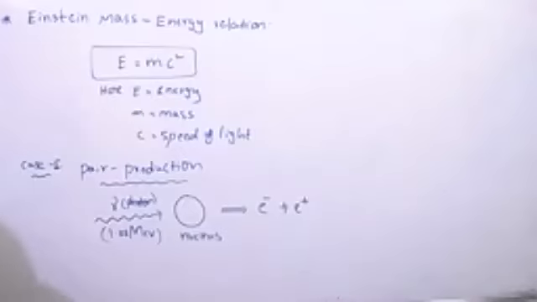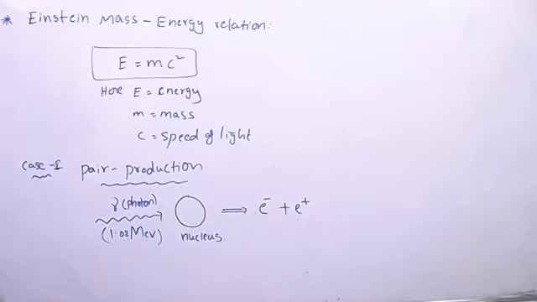What is a positron? A positive charge particle. We don't say proton; it is a positive charge particle.